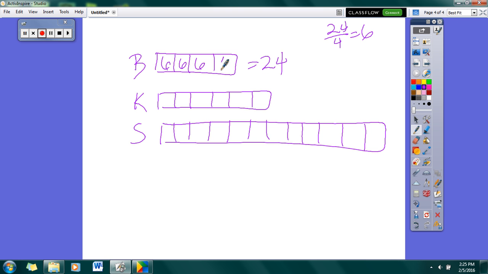And that's how I get 24. Well, if each of these boxes are worth 6, then all of these boxes are worth 6. Okay, and this tells me Keith is going to be 6 times 6, because I have 6 in each box times 6 boxes, and Keith has 36 CDs.